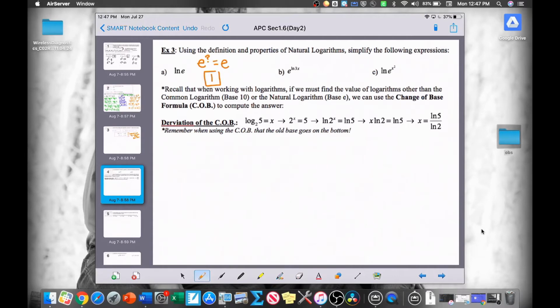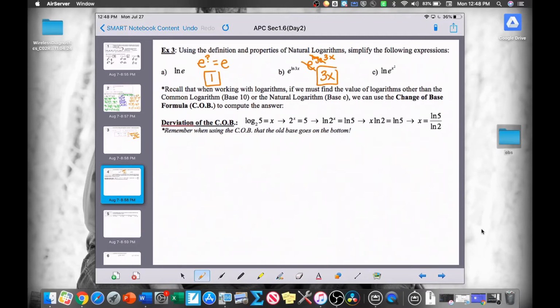In the second example, I'm looking at e, and then in the exponent I have natural log of 3x. Well, remember, natural log is log base e of 3x. So anytime the base of the log and the base of the exponent are the same, they just undo each other. So I am left with 3x for that expression.